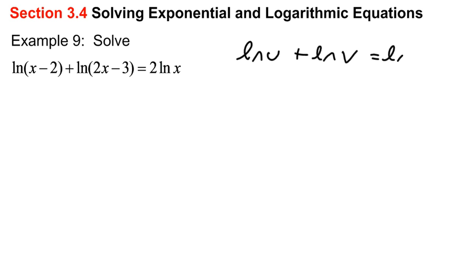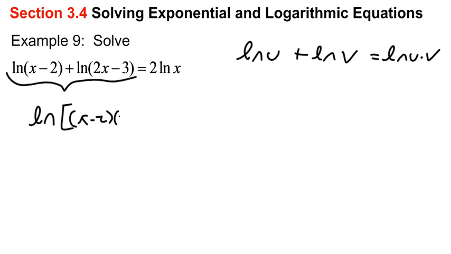Because then we could do ln of u times v. So if you ever add two logarithms or two natural logs, that's the same thing as combining them together and multiplying them. So I can combine these two by saying the natural log of, and I'm going to put them in brackets here to distinguish from the parentheses, x minus 2 times 2x minus 3.